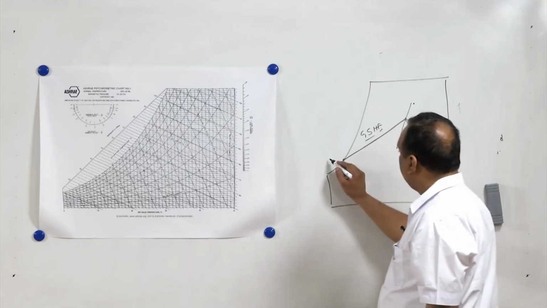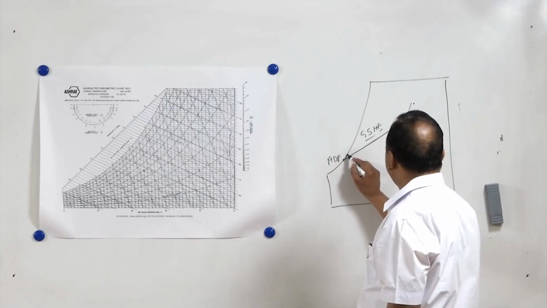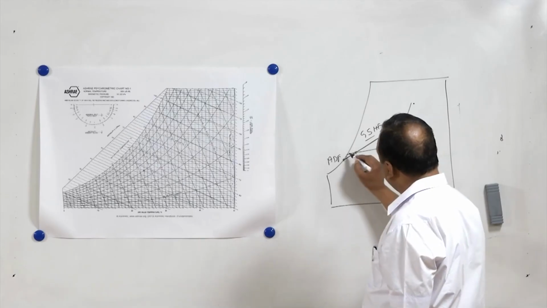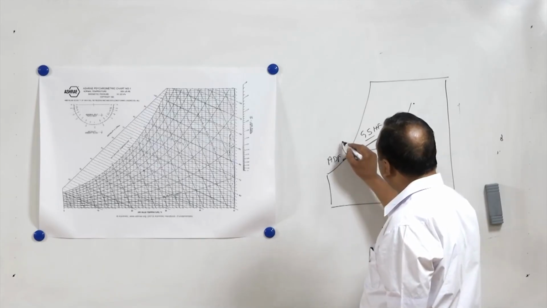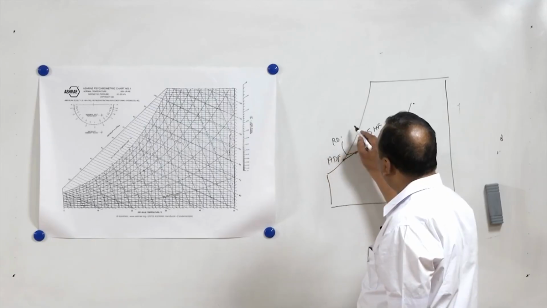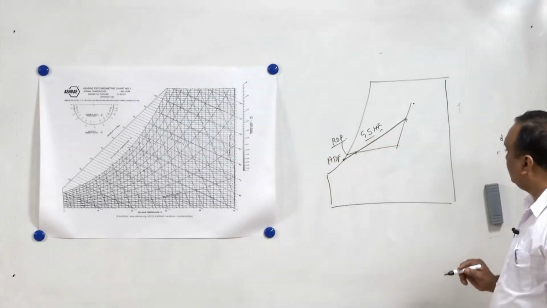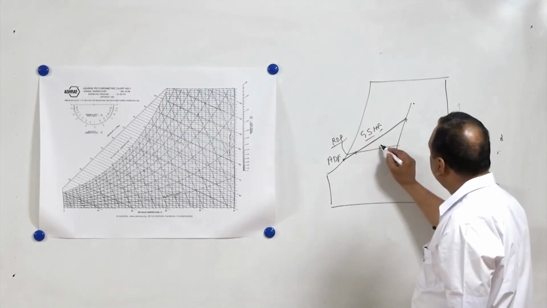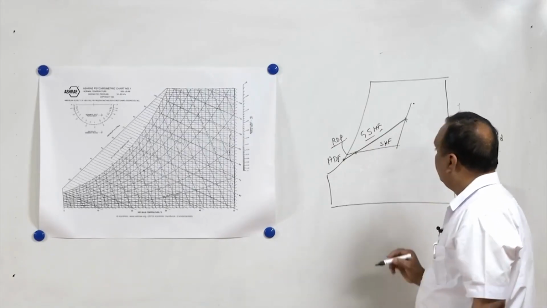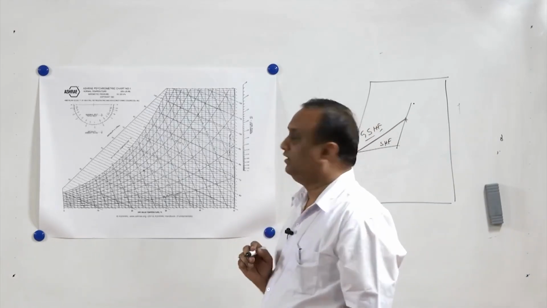This is the apparatus dew point temperature, and if we join this, suppose air is supplied at this temperature, then this temperature becomes the room dew point temperature. Right? And this is the sensible heat factor line, and there is another term known as effective sensible heat factor.